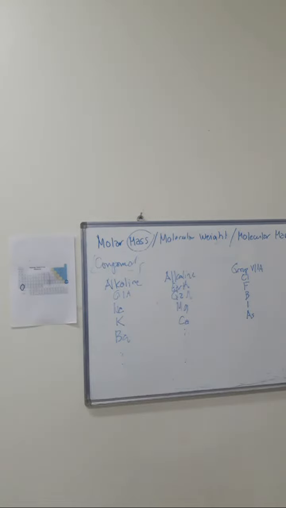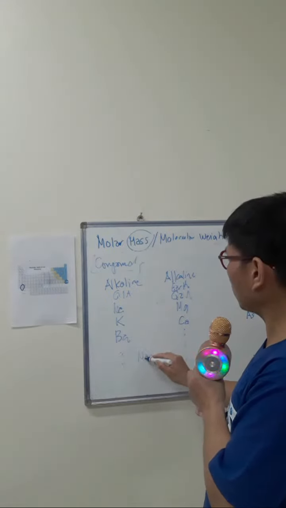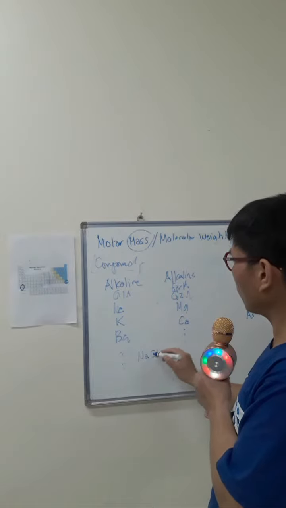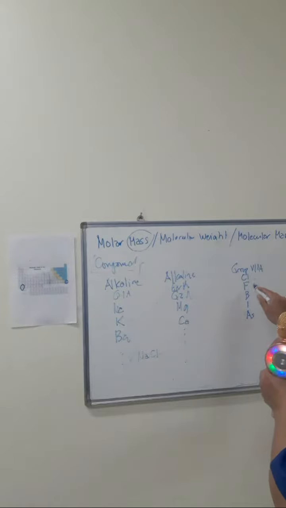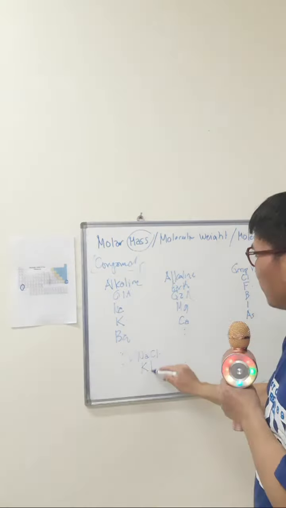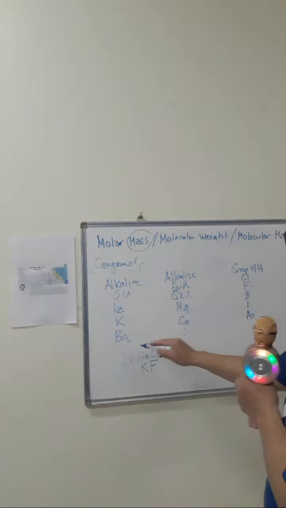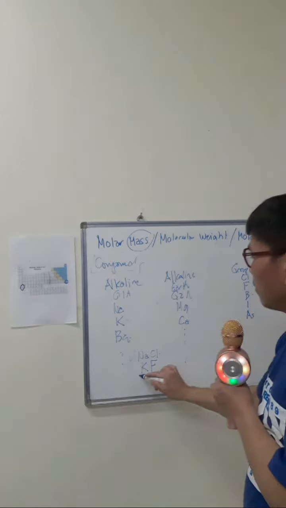For example, a metal and a non-metal. Sodium plus chlorine gives sodium chloride. Potassium plus fluorine gives potassium fluoride. Barium and bromine give barium bromide.